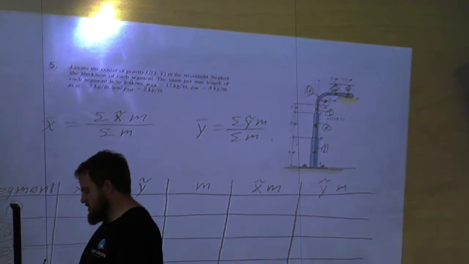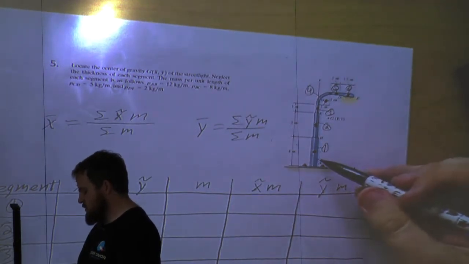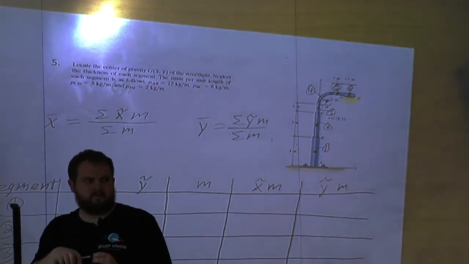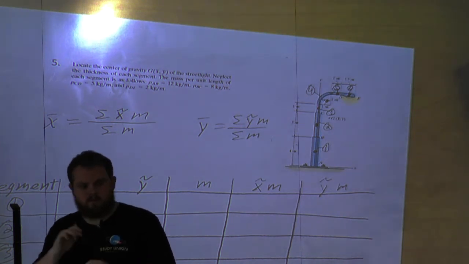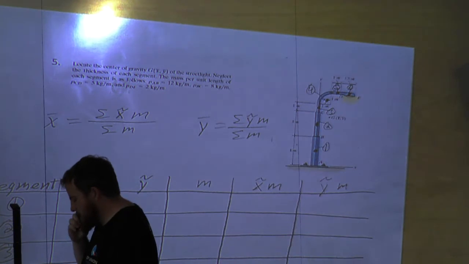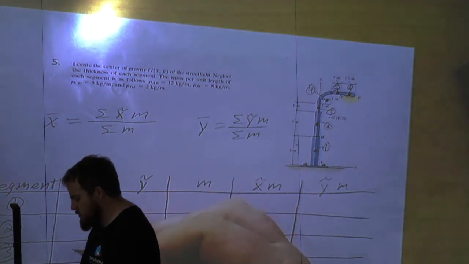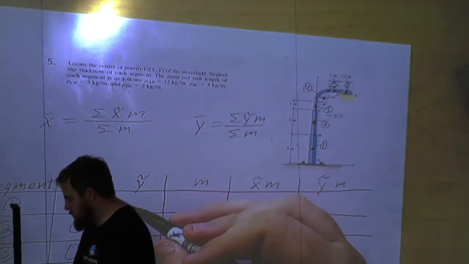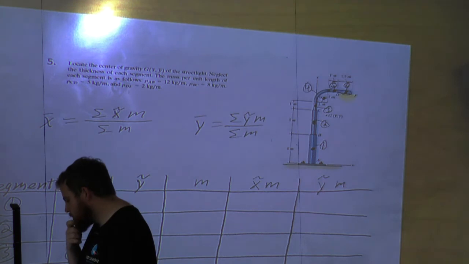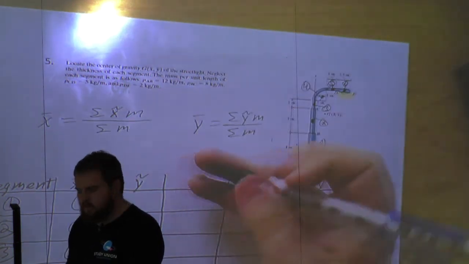Okay, so for 1, does anyone know what x bar would be for 1? 0, right? That's just on the axis. Can we say the same thing for 2 and 3? Yep. What's y bar going to be for 1? It's going to be 2, right?